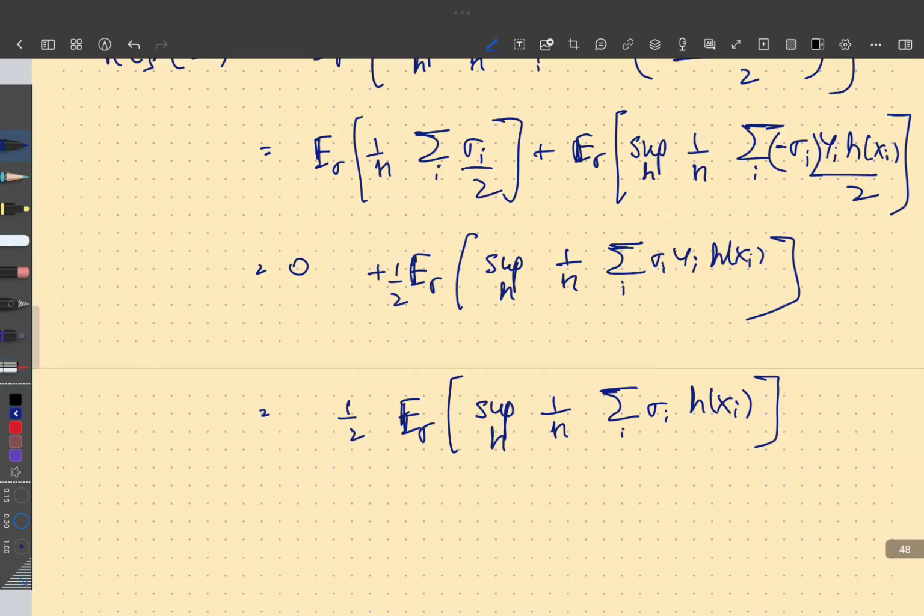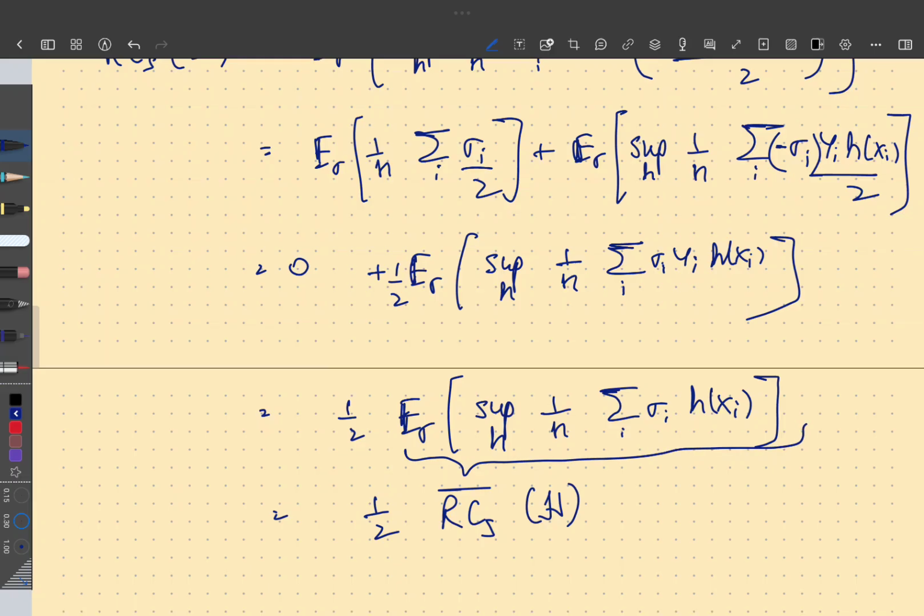Okay, so this is what I call, I'll just have a special notation for this, RC bar of H. This is the so-called binary empirical Rademacher complexity. It's just a definition, nothing else.